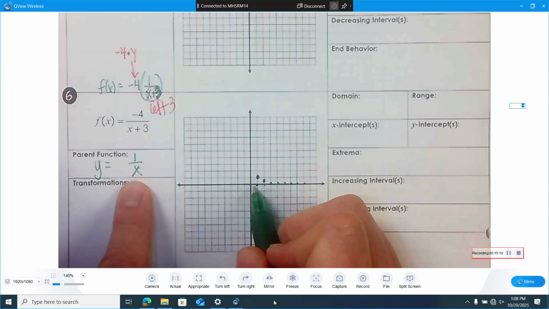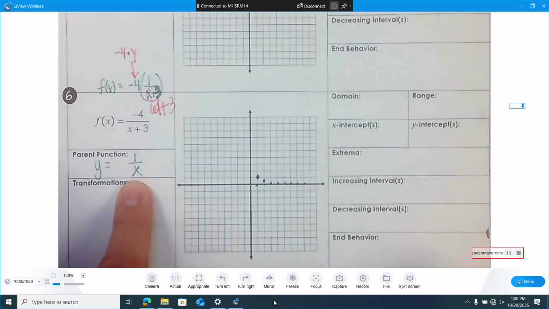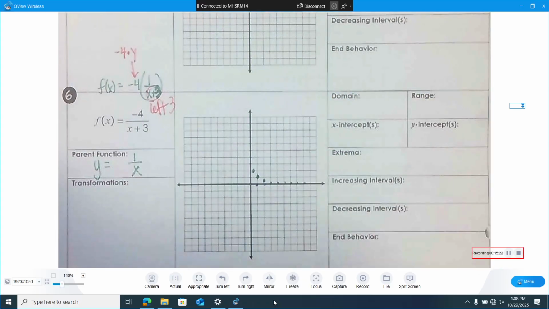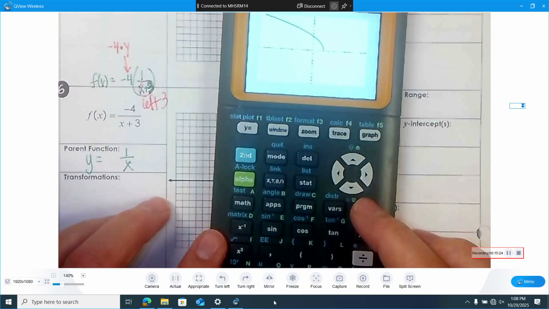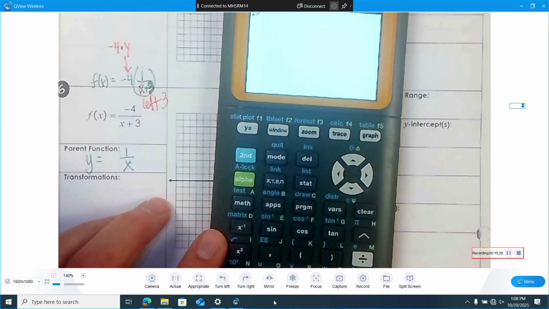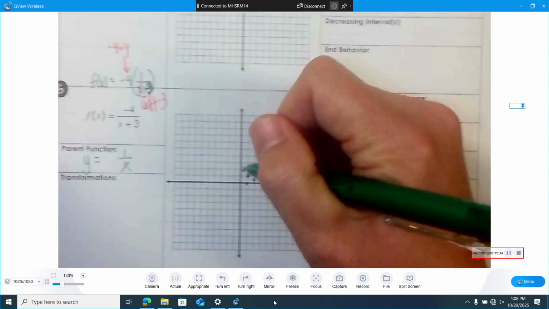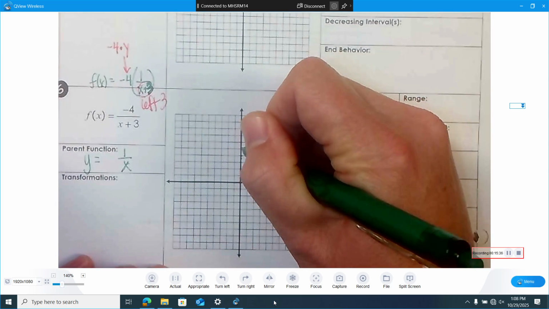What if I plug in a 1/2? What is 1 divided by a half? 2. Yeah, you can check that on a calculator if you wanted to. So 1 divided by a half is 2. All right, so it gets closer and closer up here.